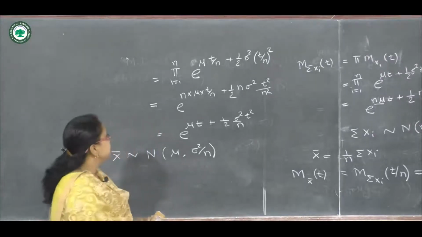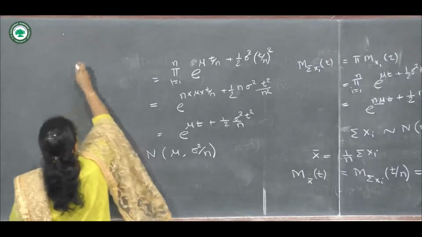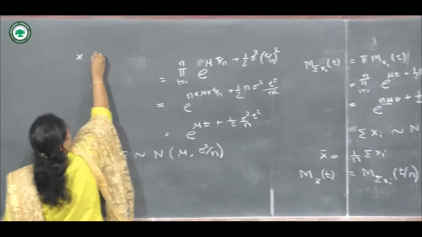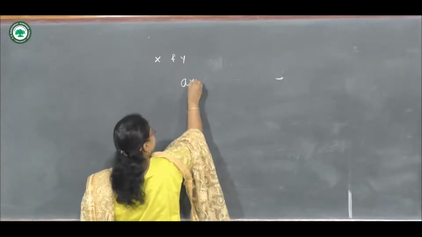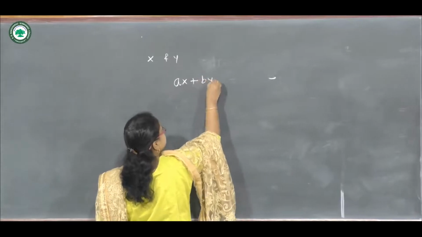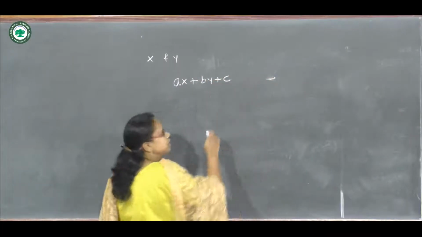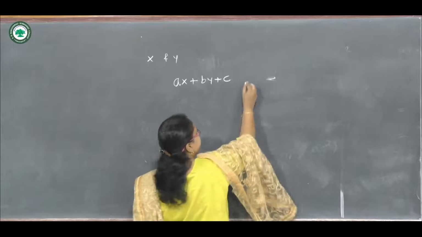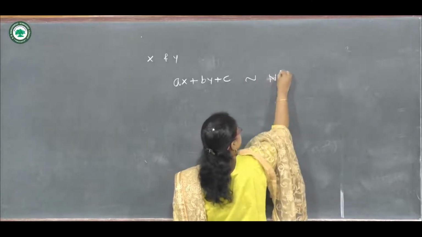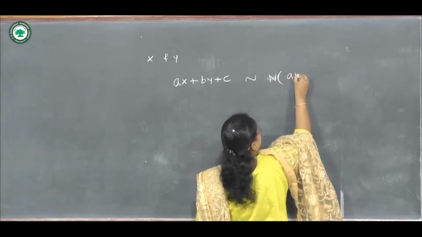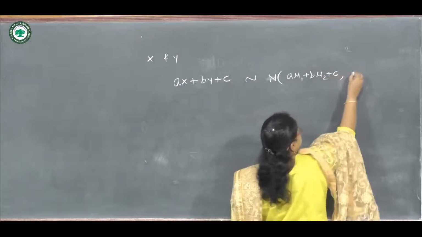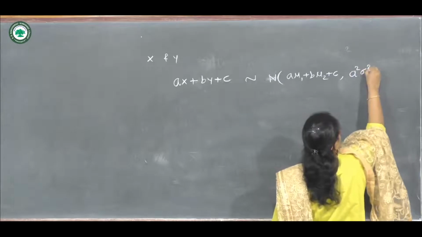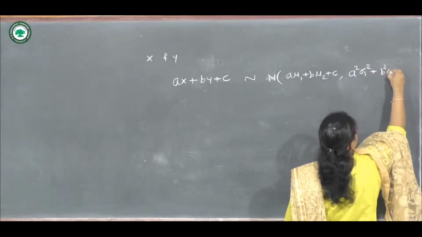We can prove some results like this. If x and y are normal variables, then we can write the distribution of ax plus by plus c as normal with a mu1 plus b mu2 plus c and a square sigma 1 square plus b square sigma 2 square.